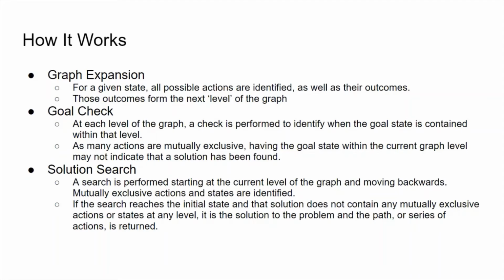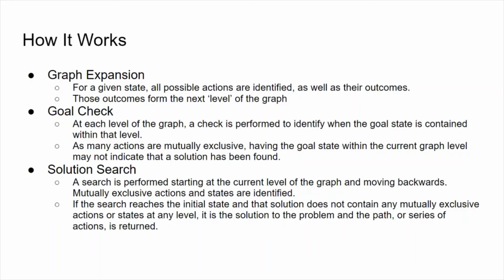And lastly, you have the solution search. This is the part that isn't very easily shown by the graph that Devon was showing in the previous slide. Essentially, working from the top level of the graph, you work backwards, moving through all the different actions and states, identifying which ones of them can and cannot be performed together, or in other words, which ones are mutually exclusive from one another.